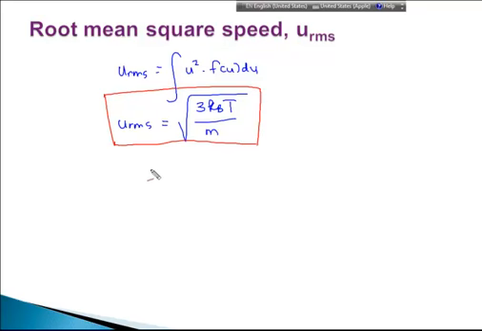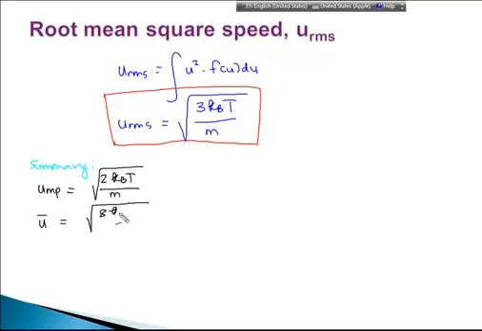Okay. Therefore, in summary, the three different equations for the three different speeds are: we have the most probable speed equal to the square root of 2 kbT over m, the average speed equal to the square root of 8 kbT over pi m, and the root mean square speed equivalent to the square root of 3 kbT over m.